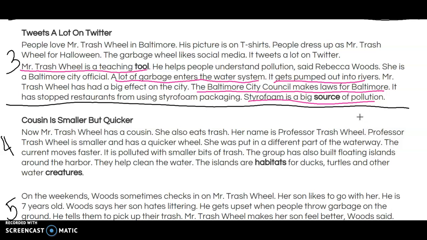So now we're going to underline the most repeated words. So here, Mr. Trash Wheel, people, Baltimore, people, Mr. Trash Wheel, garbage, wheel, Mr. Trash Wheel, helps people, pollution, Baltimore, garbage, water, Mr. Trash Wheel, Baltimore, Baltimore, styrofoam, styrofoam, and pollution.